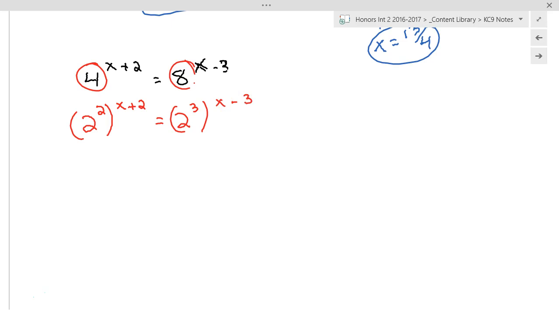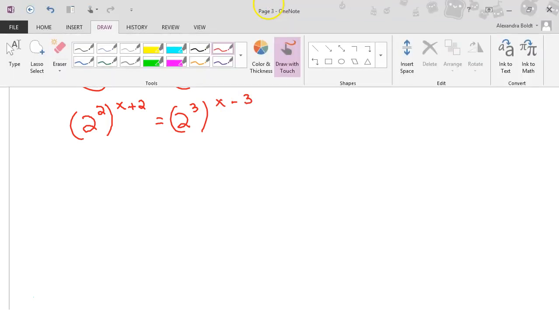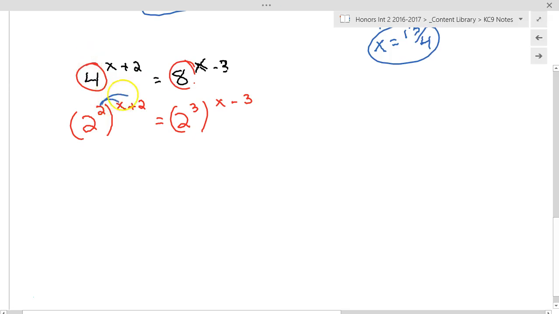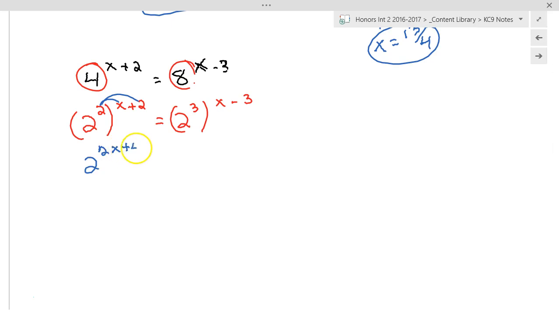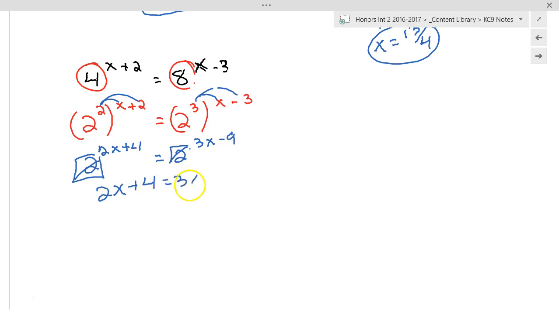And then from there, I still need to do what I did last time. I need to distribute. This time I need to distribute on both sides. So I have really 2 to the 2x plus 4 equals 2 to the 3x minus 9. Now I have that common base. So 2x plus 4 equals 3x minus 9. You could always get something with a quadratic if your exponent had a quadratic in it, so you might have to think about factoring.